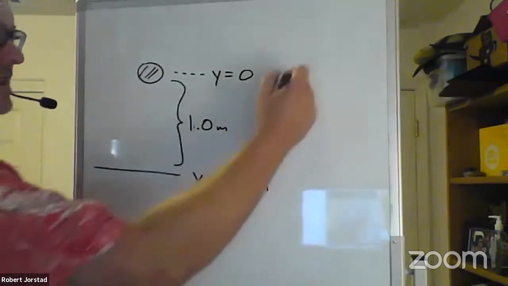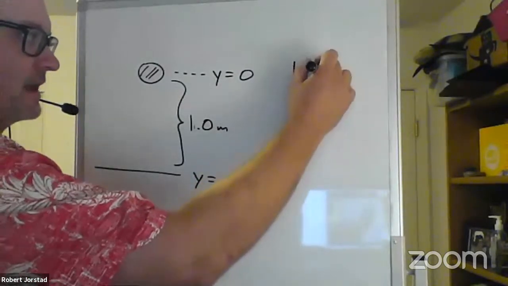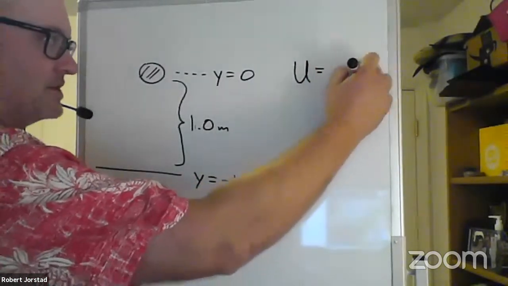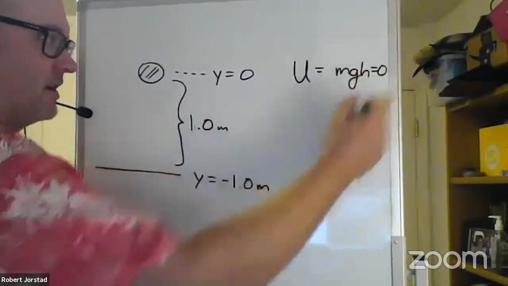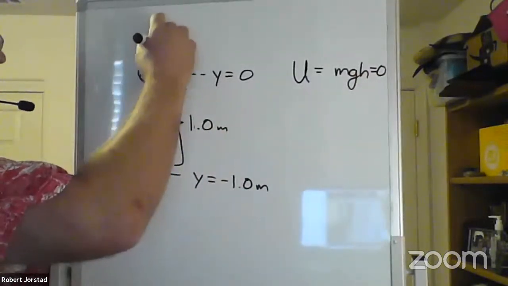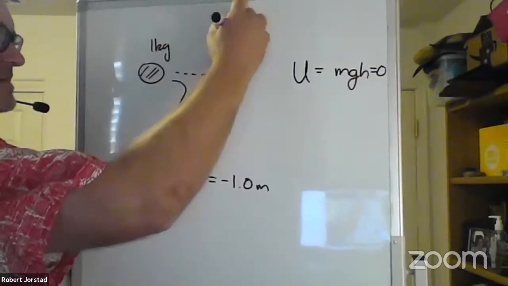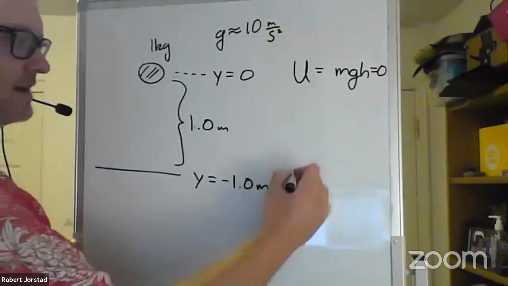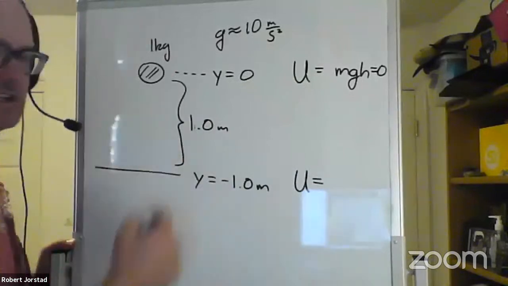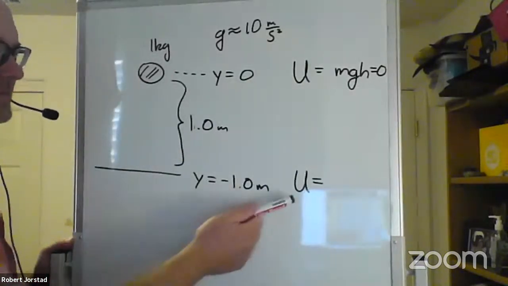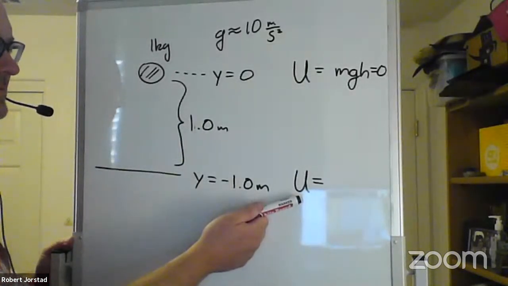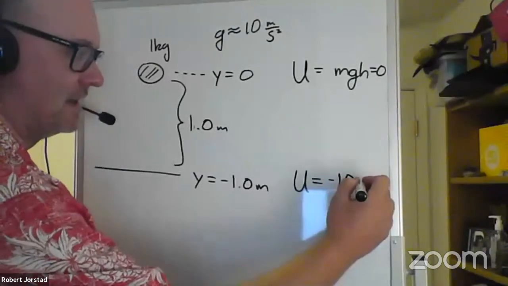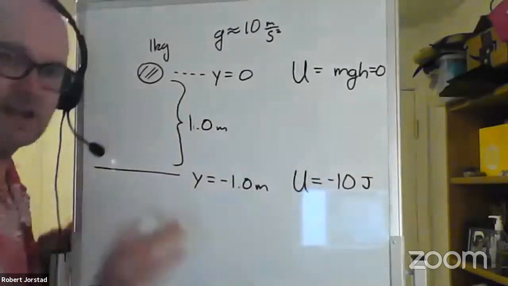And you would say the gravitational energy here, if we were just using our old formula, mgh, would equal 0. And let's say it's a 1 kilogram ball, and let's say g is approximately equal to 10 meters per second squared. Down here, what would be the value of gravitational energy? Approximately. Negative 10. Negative 10.